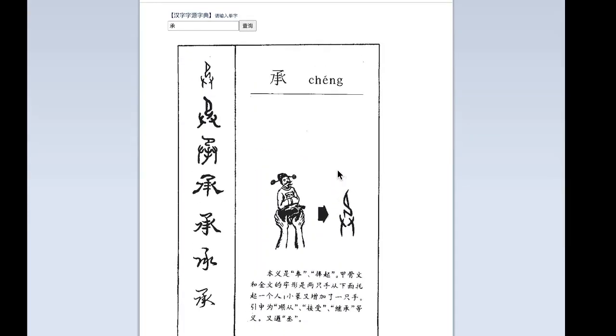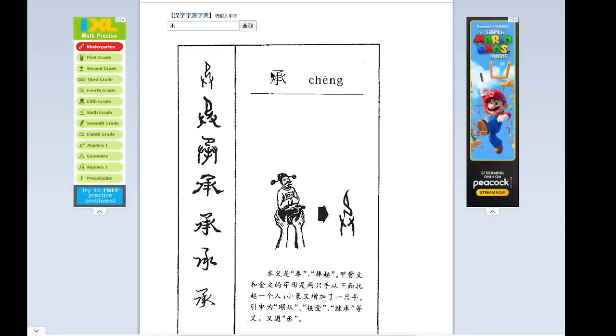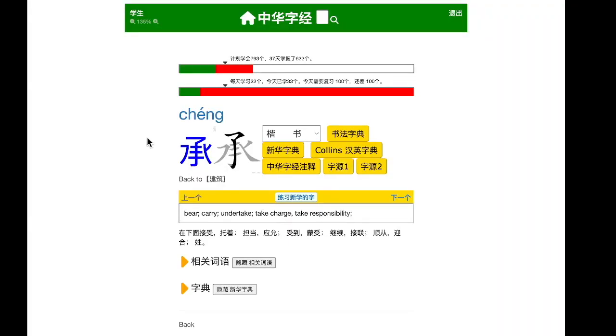Alright, according to here, we got 2 hands on the side lifting up this little guy. So these are apparently originally your 2 hands lifting up, supporting this thing from underneath. Chen.